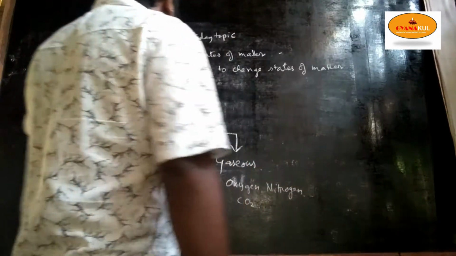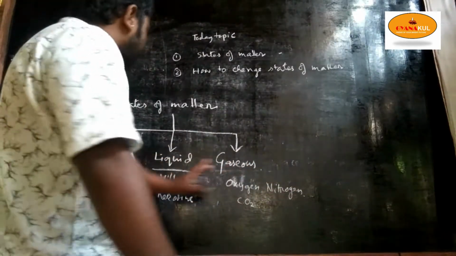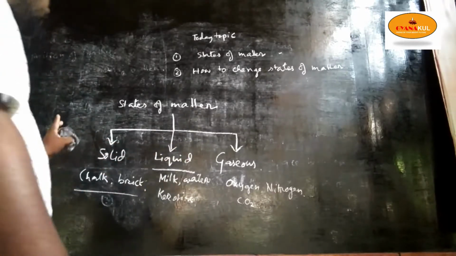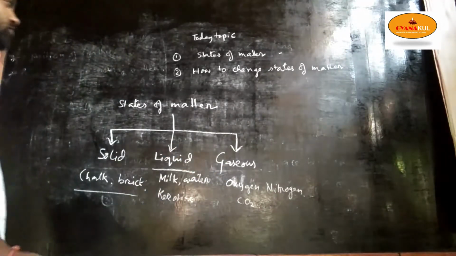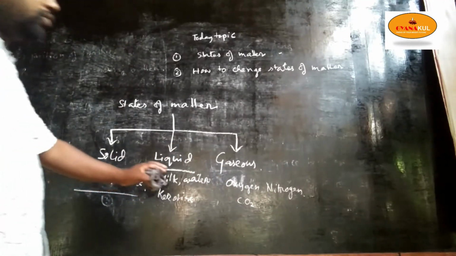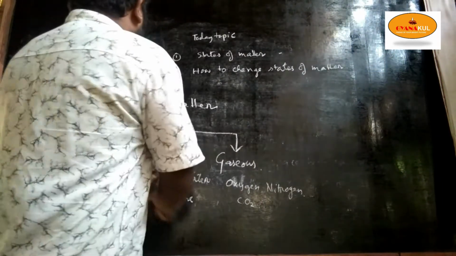So now first of all we'll differentiate these three states with a differentiating table.